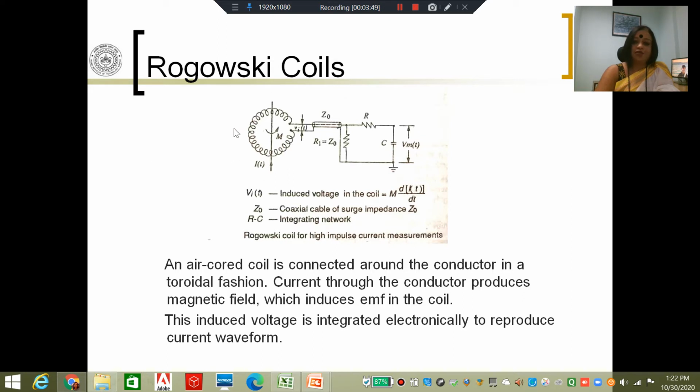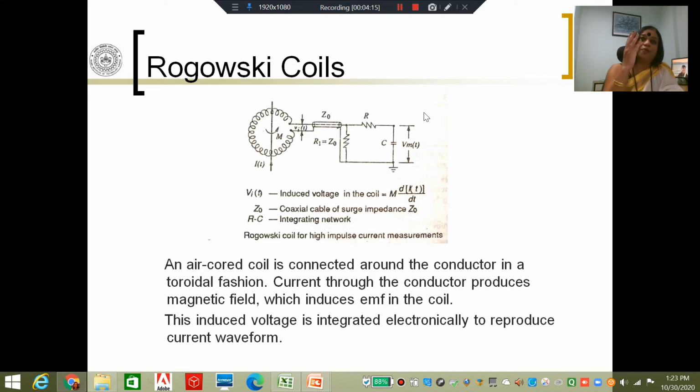Now, this induced voltage, which is measurable, this induced voltage V(t) in the Rogowski coil, can be amplified and transferred through an integrating circuit, and this induced voltage integrated electronically will give us a measure of the current pulse, the total integrated current pulse.